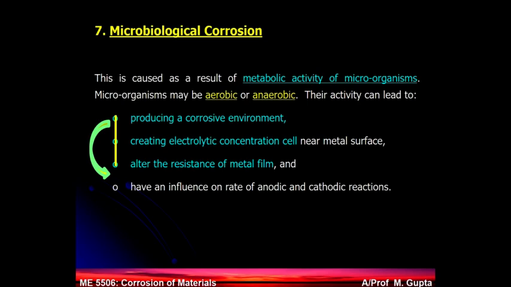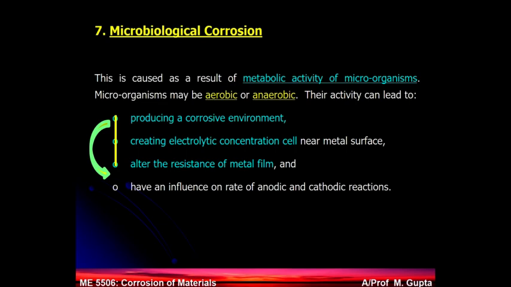Now, irrespective of whether they are aerobic bacteria or anaerobic bacteria, wherever they come and settle down, they will be involved in some kind of biological activity. And whenever they are involved in the biological activity, it will create a corrosive environment. Because of the corrosive environment, the place where they are making colonies, you can change the concentration of the solution. Or you can have one type of solution at one end where they are making colonies and a natural environment at the other parts.